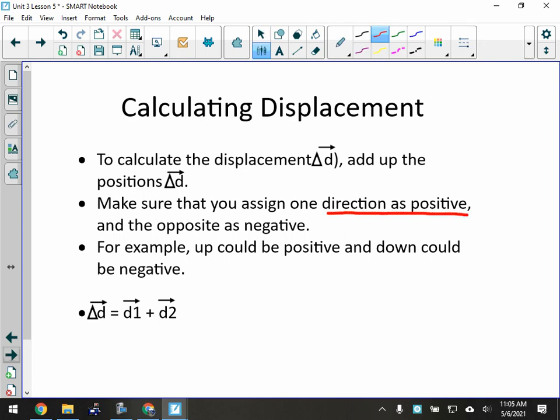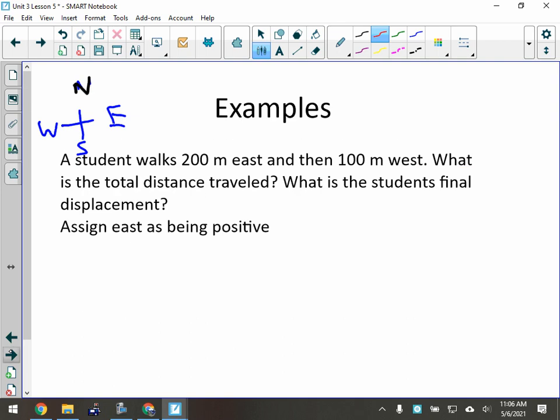One direction is going to be positive, and the opposite direction is going to be a negative, okay? So for example, up could be positive, down could be negative. We could let west be positive. We could let east be negative. We could say south is positive, north would be negative. And we're going to use this little thing right here to decide what's the overall displacement of these vectors. So, here we go. This is your first example here. Is this one done already for you guys on your sheet or no?